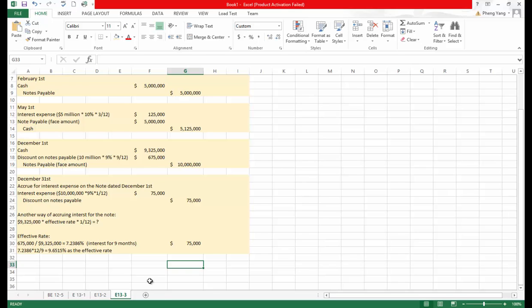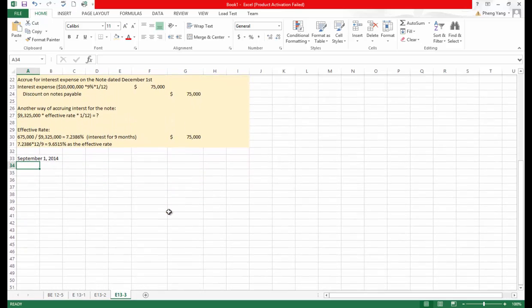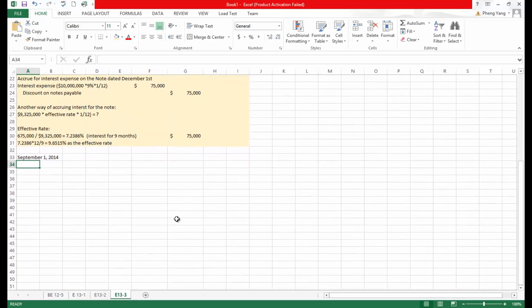All right, and then as of September 1st, 2014, we pay the commercial paper at maturity. Okay. All right, so there's going to be interest here, and then of course paying off the note.